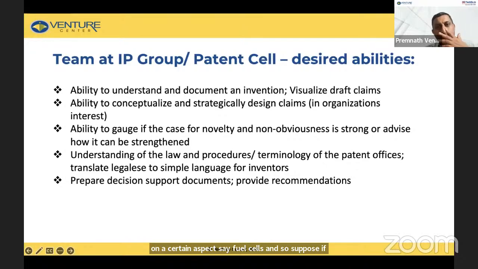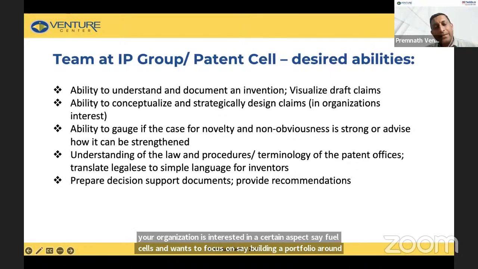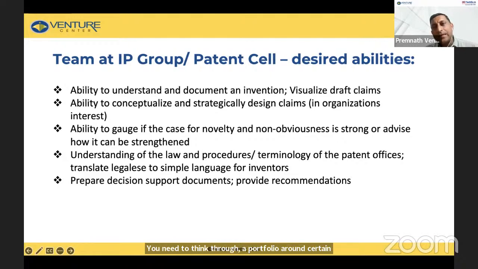You need to think through what the claims are which would be valuable for your organization, and also, in the context of previous filings and future filings, you need to visualize those claims, because you may end up anticipating future inventions unnecessarily. So you need to limit those, but at the same time, you need to cover the scope broadly, right? This is a challenging task, not trivial, and it also requires considerable judgment and experience.